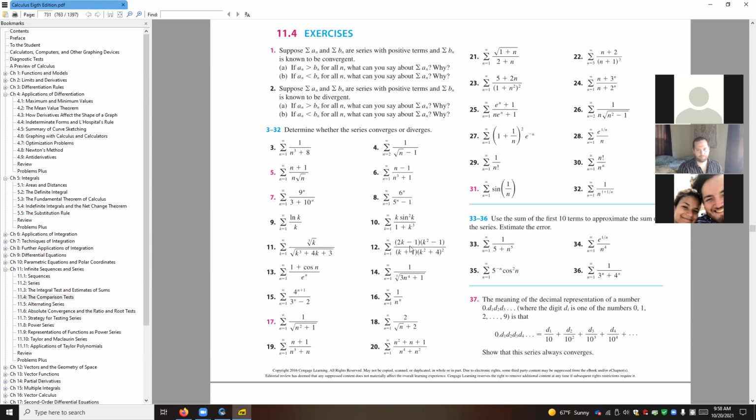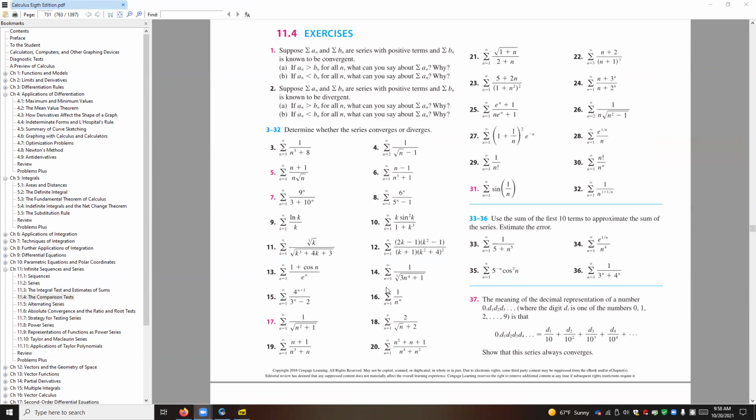How's about... That's too similar to what we just did. Also a little too similar. Let's do number 6.